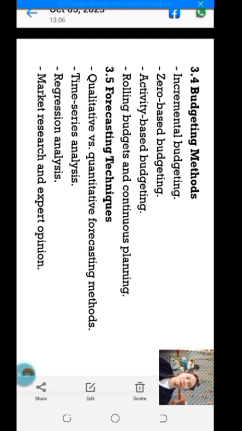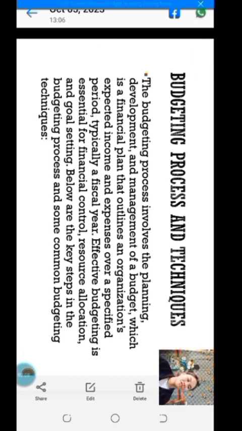It is the incremental budgeting, zero-based budgeting, activity-based budgeting, then rolling budgets, and continuous planning. Then, forecasting techniques. These are qualitative versus quantitative forecasting methods, time series analysis, regression analysis, and market research and experts' opinion. So, let us discuss the budgeting process and techniques.